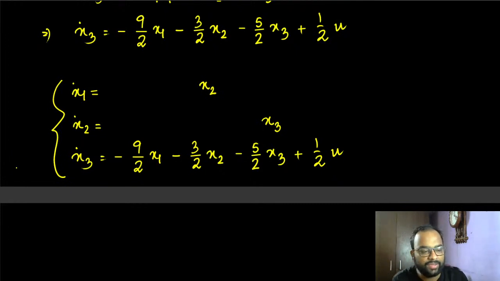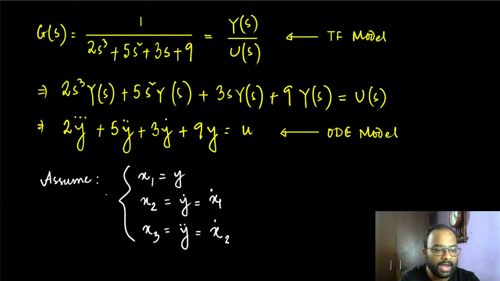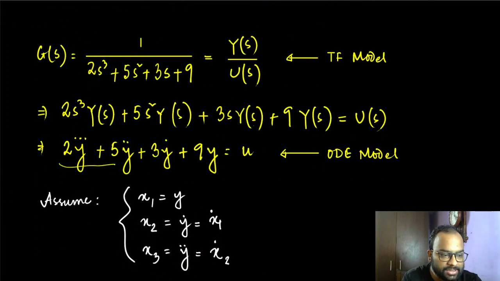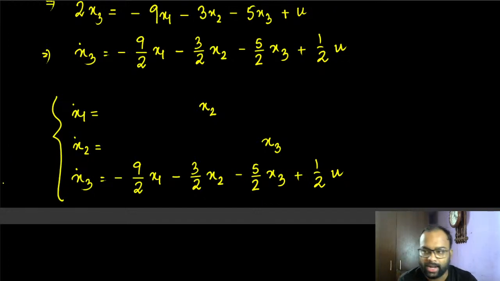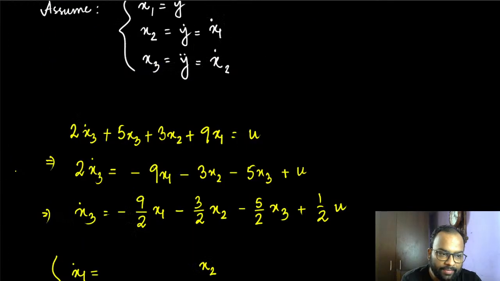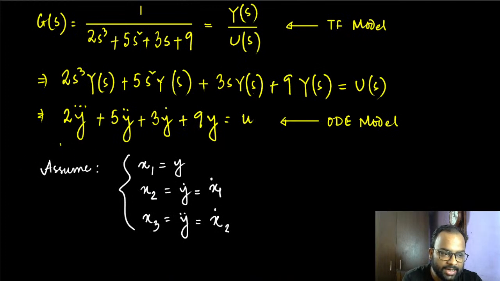And this set of three first order ordinary differential equations actually is a decomposition of this third order differential equation. So we had a third order differential equation, and using the state space technique, we have decomposed it into three first order ordinary differential equations. So these three equations are individually first order ordinary differential equations, and taken together they are essentially a decomposition of this differential equation, which was a third order differential equation.